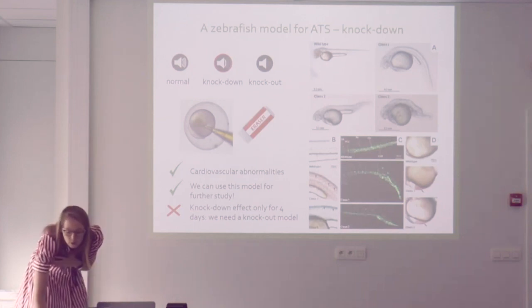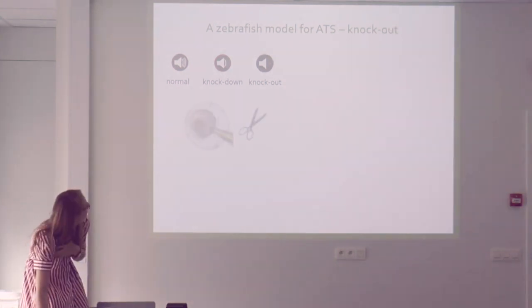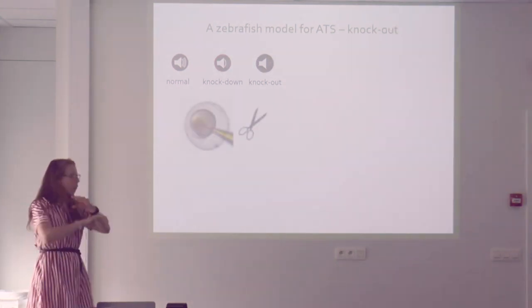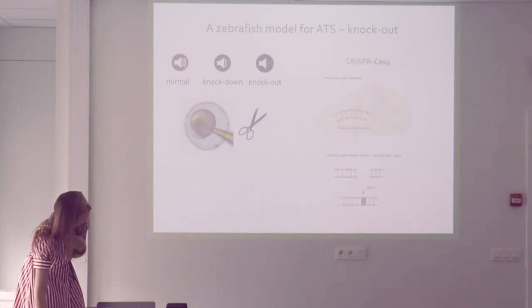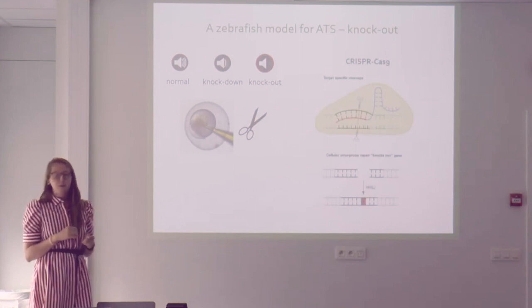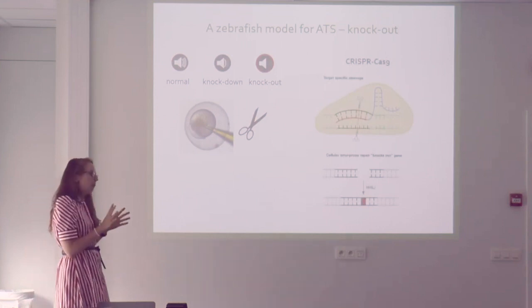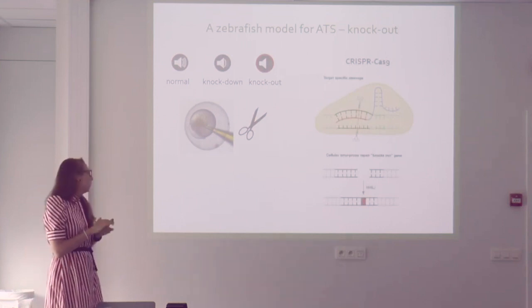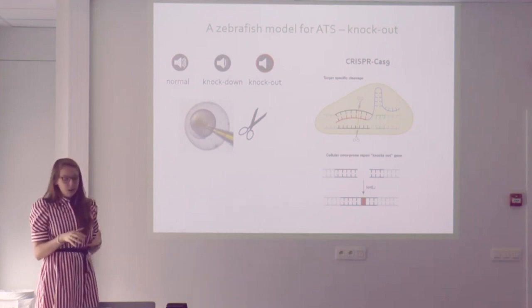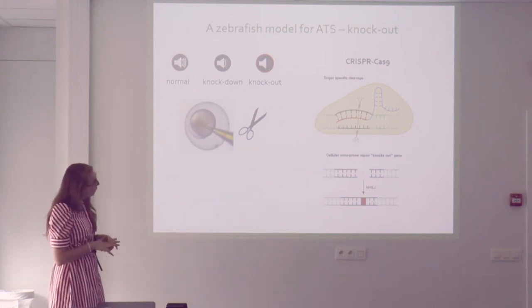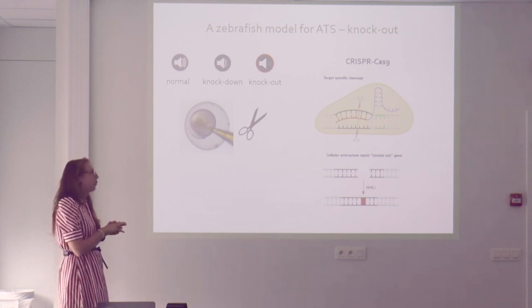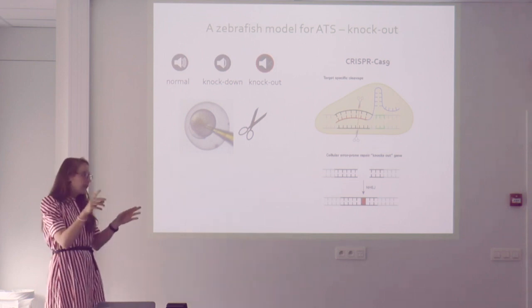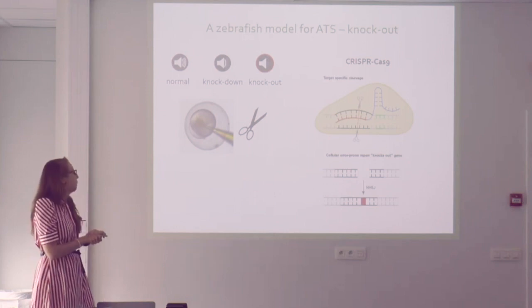So what we did then was making a knockout model. So we destroy the gene completely, and we actually do that with a technique. It's very popular right now. You might have heard it in the news, there are really big breakthroughs in that field, and the technique is called CRISPR-Cas. What the technique actually can do is make a cut in the gene at a very specific place.